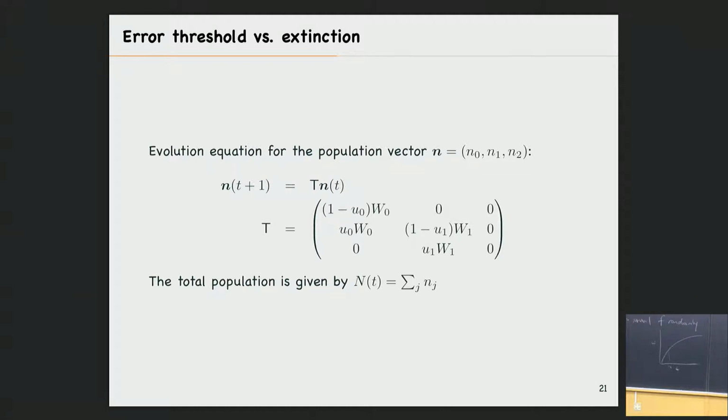You can see the transition matrix here with non-negative entries, but there are some entries which vanish because of this. For instance, here we see that if we have individuals of type 1 and they mutate by this ratio, then they will simply be killed again.